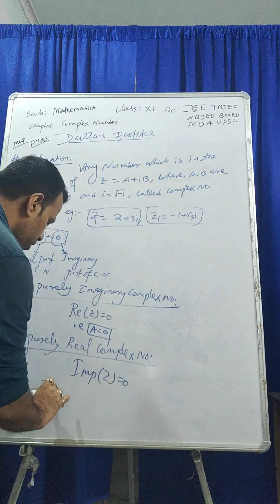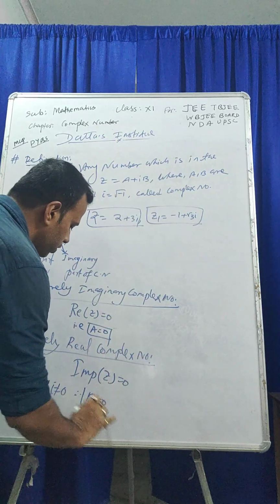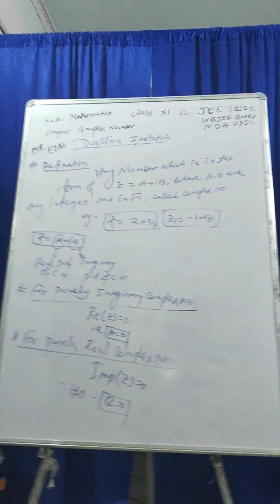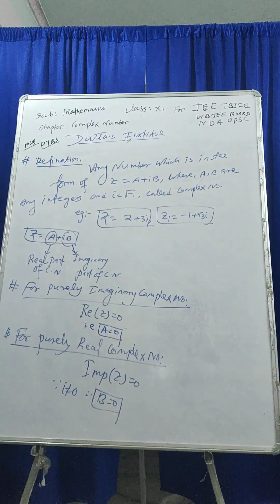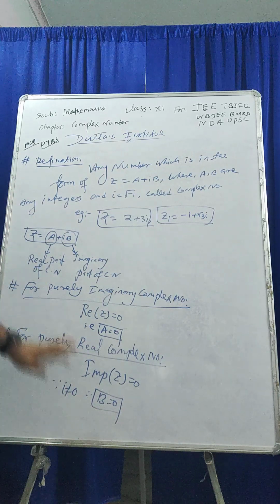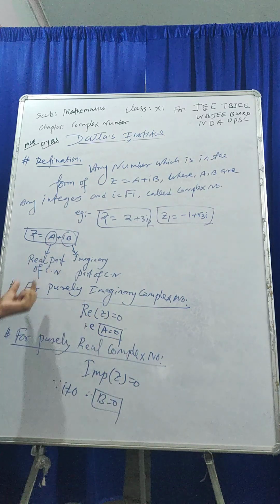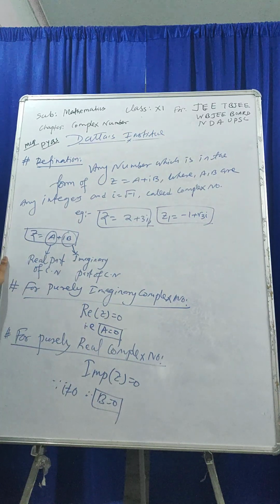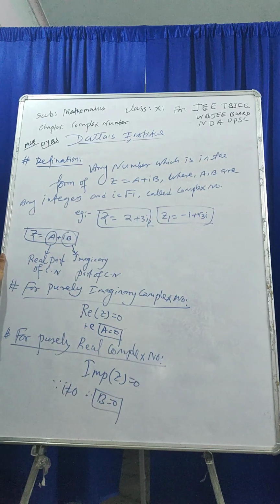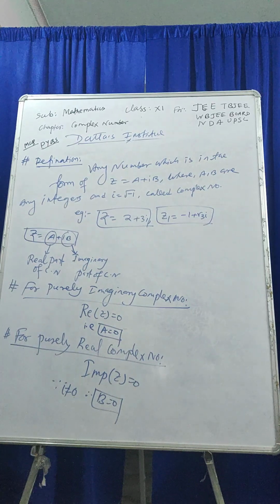Since i is not equal to 0, therefore b must be 0. So we get here two formulas. If a is 0, then it will become a purely imaginary complex number. If b is 0, then z will become a purely real complex number. Okay, so move on to the next topic.